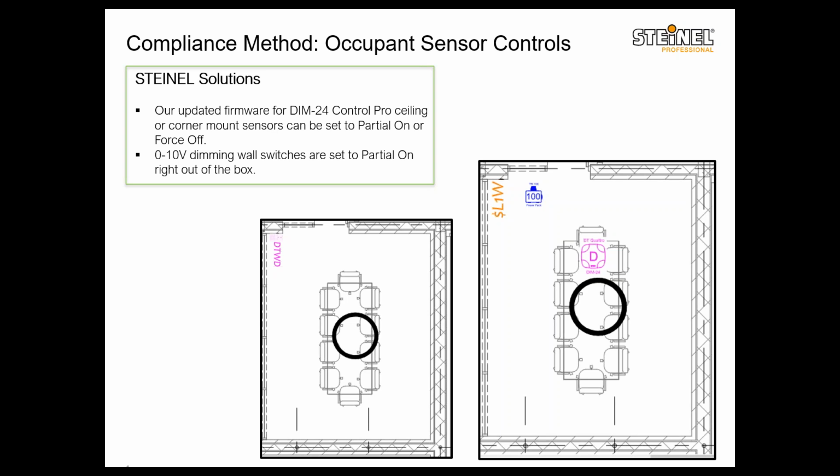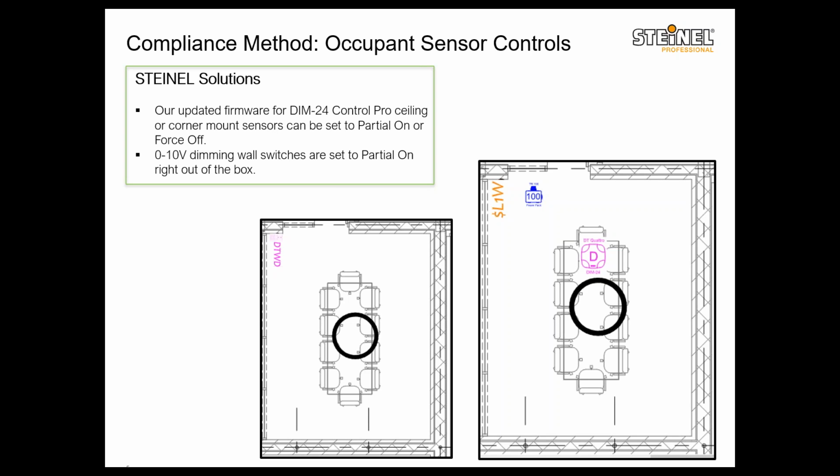So thanks to our updated firmware for the DIM-24 series in our Control Pro ceiling and corner mount sensors, now you can set them to partial on or force off depending on the requirement through the smart remote, which we will go into more detail about later on.